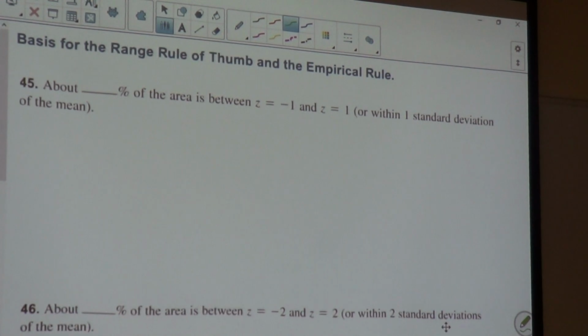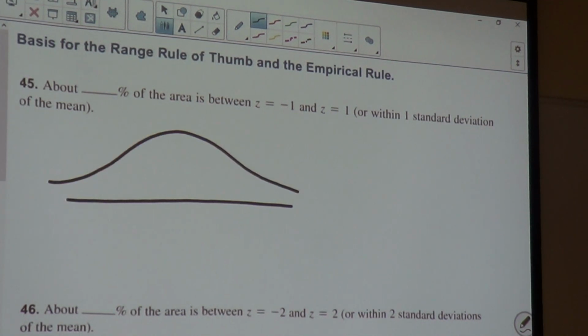About what percent of the area is between Z equal -1 and Z equal +1, or 1 standard deviation of the mean? So if I draw, this whole test is a standard normal curve. So what is this? 0. And what is this? 1.